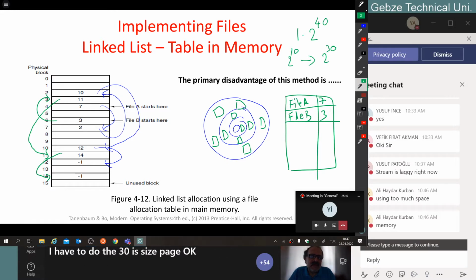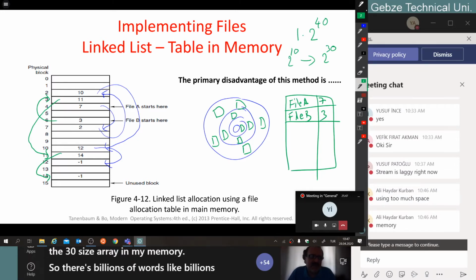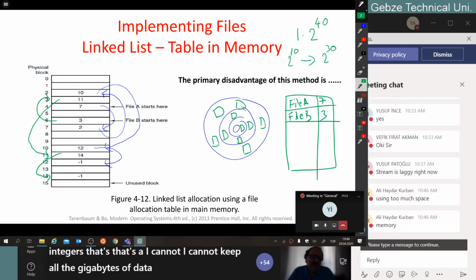So that's billions of words, billions of integers. That's gigabytes of data. I cannot keep all that gigabytes of data if my main memory is just 8 gigabytes, right? So that's too expensive.